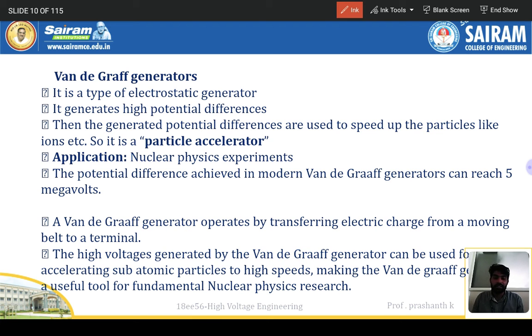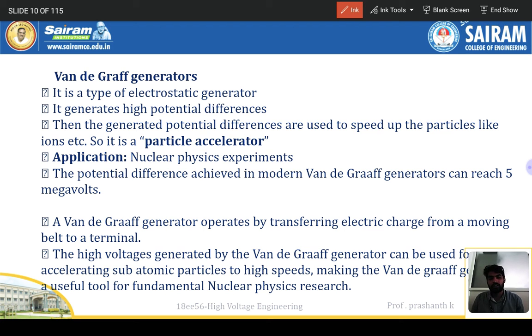A Van de Graaff generator operates by transferring electric charges from a moving belt to the terminal, right? The high voltage generated by a Van de Graaff generator can be used for accelerating atomic particles to high speed. See, the Van de Graaff generator transfers the electric charges from one terminal along the belt to the other terminal.